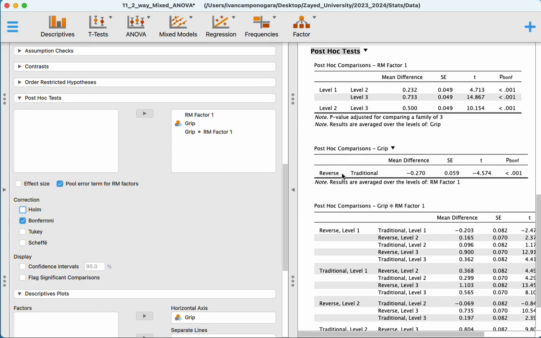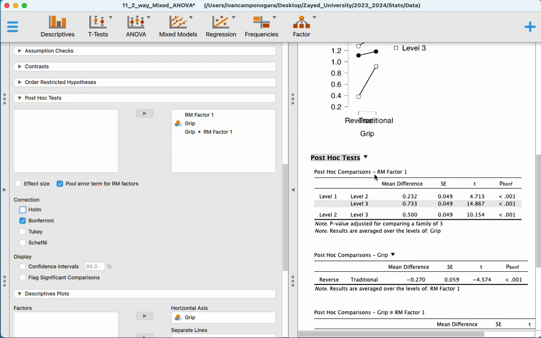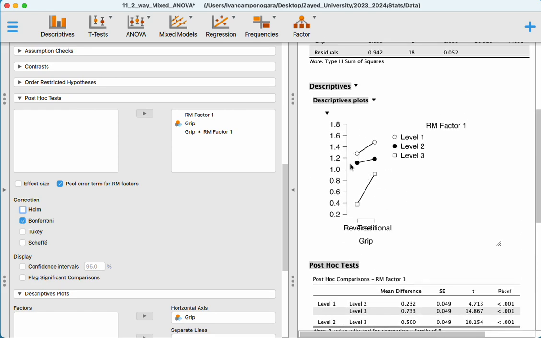And in this case, there is a minus here. So reverse minus traditional. And it says that the mean difference is minus 0.27. It means that the reverse has a lower value than the traditional. And you can see it from the graph. So if you take the average of this, and you take the average of this, this is higher than this.